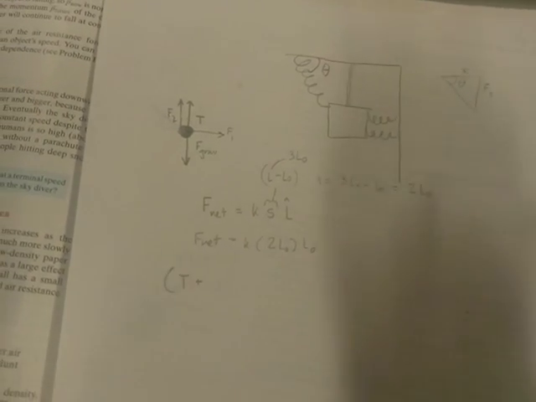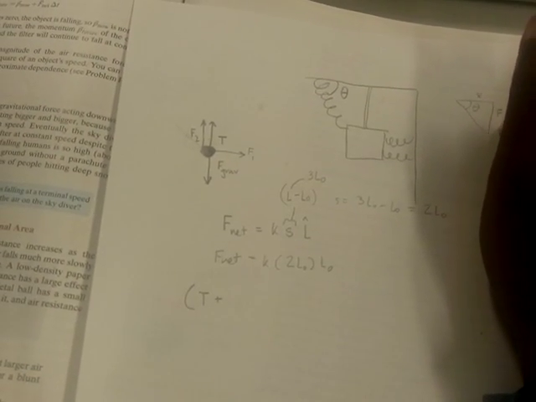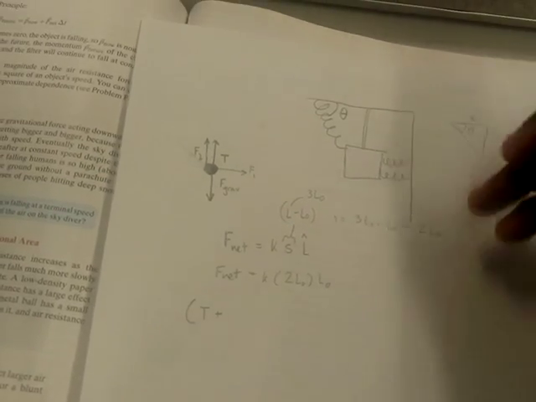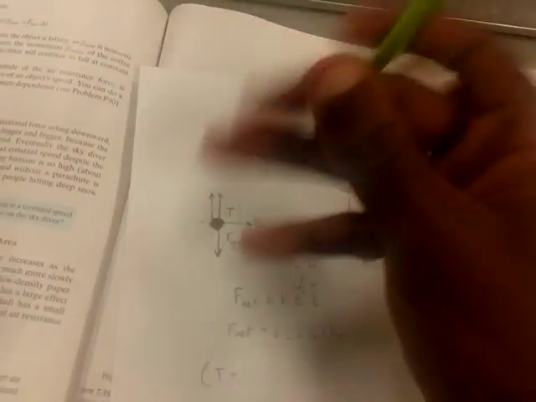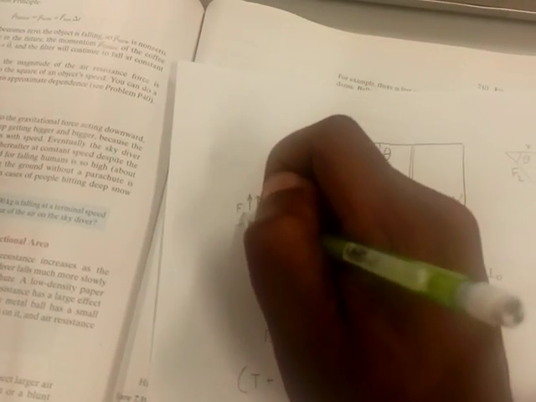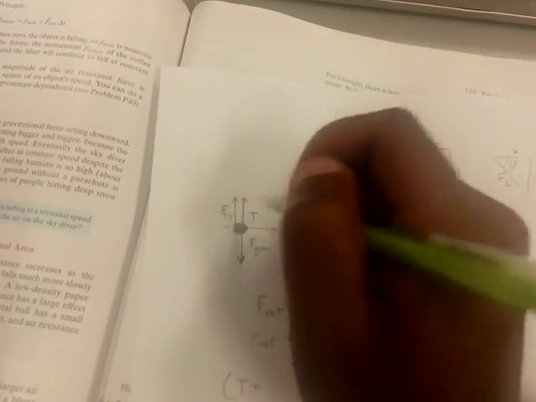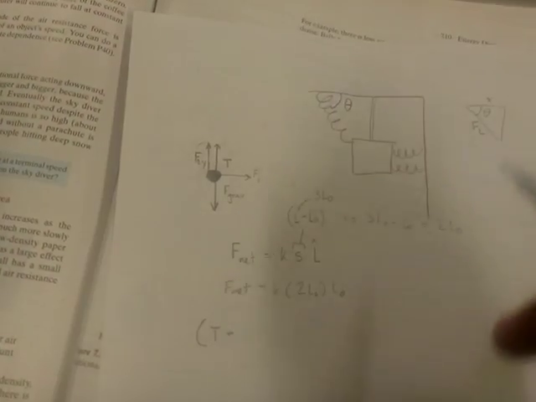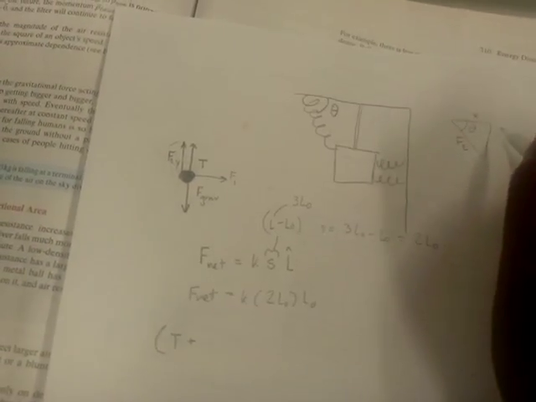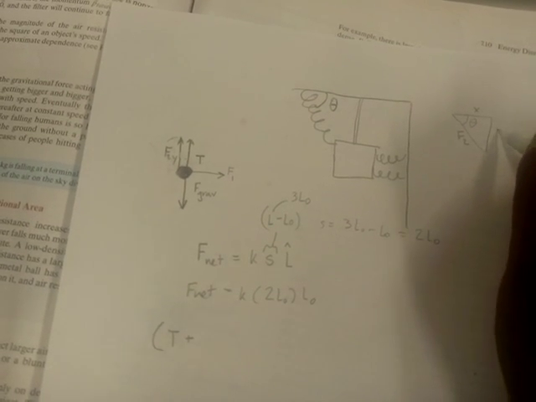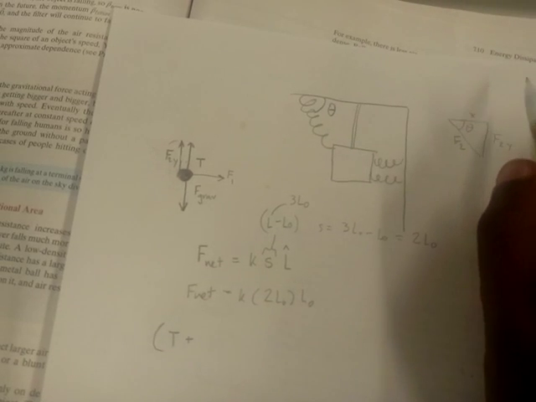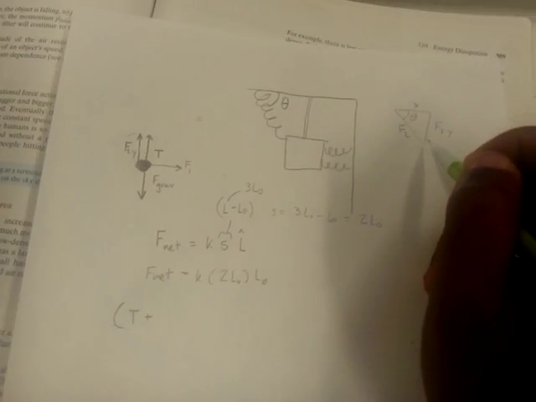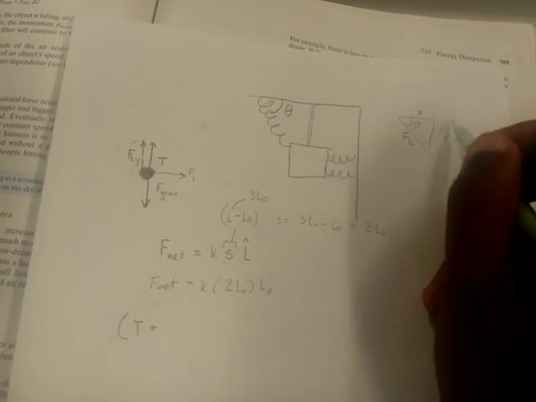Actually, I'm sorry. We call this F2, but we can call this F2x and F2y. Right. So if this is F2 and this is F2y, we can say we care about finding this value.